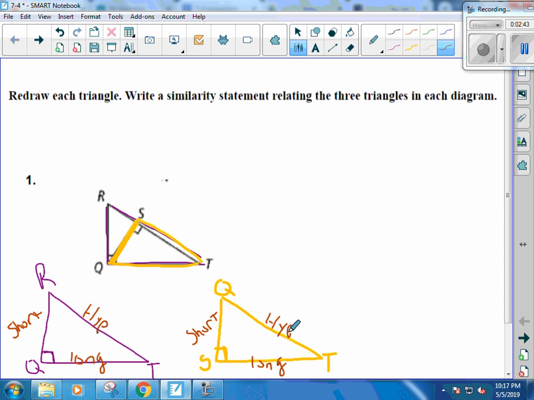And then the last triangle is the little baby right here. Looking at this last triangle, we can tell R to S is the short leg. The right angle is here at S, which makes R to Q the hypotenuse. So let's start with R to S as my short leg.